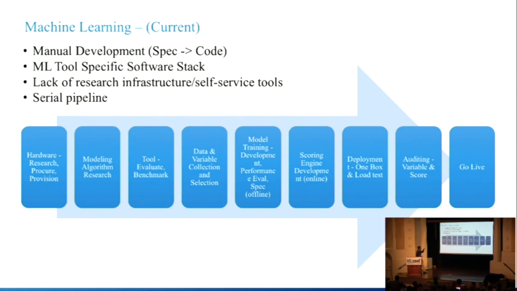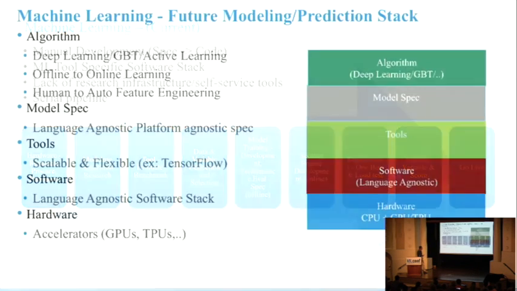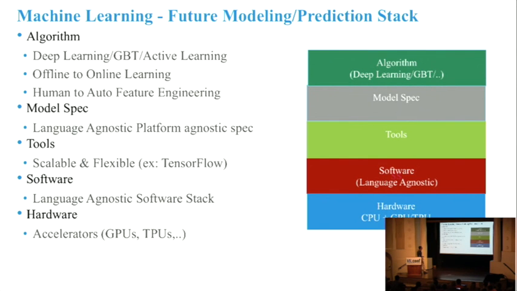In the current pipeline, the productionalization part is still manual in nature. So for the future, what we have been looking at for more than a couple of years on the algorithmic front: our traditional models are all neural network based.